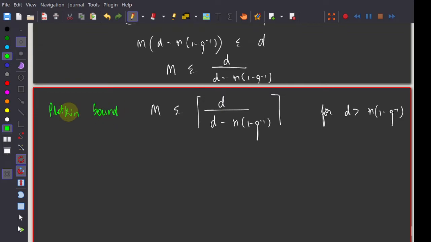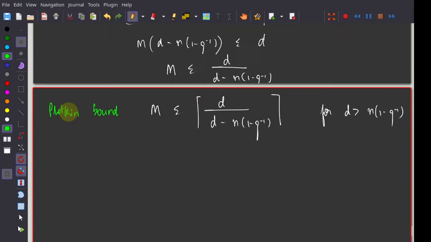So we're getting a bound on M which is now not exponential in n. Right? So d can be at most n, so the largest the right hand side can be is n divided by n minus n into (1 minus q inverse). It is something which is at most linear in n.